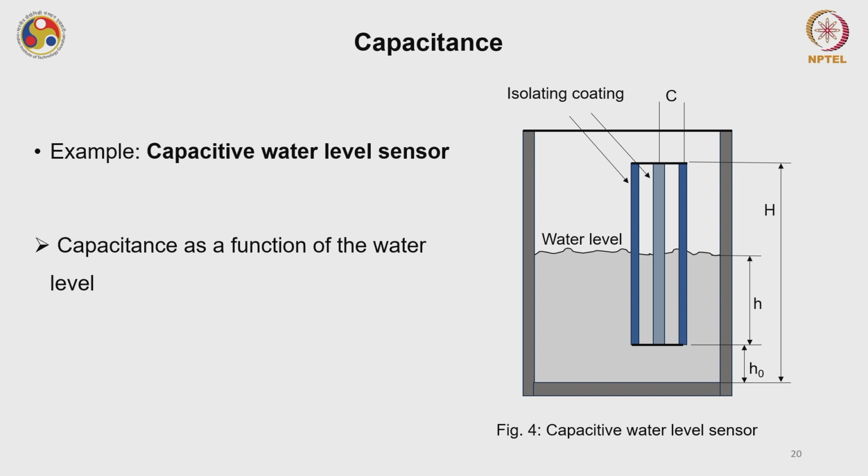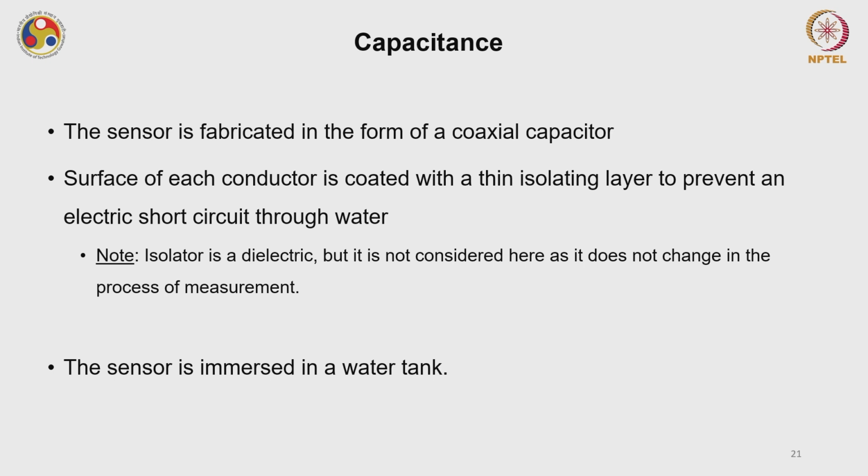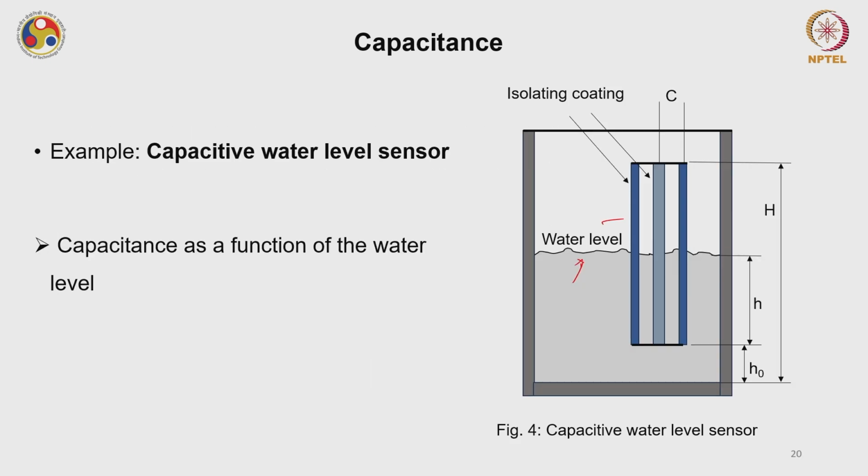This we are seeing in a quantitative way. I will also give some examples in a qualitative manner. Let's consider this figure, which is a capacitive water level sensor. Say till this point I have water, and these are your conductors. Now the sensor is fabricated in the form of a coaxial capacitor, as you can see over here.